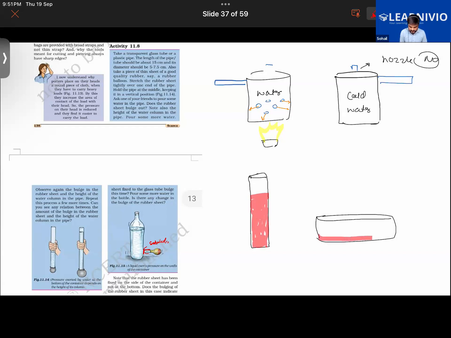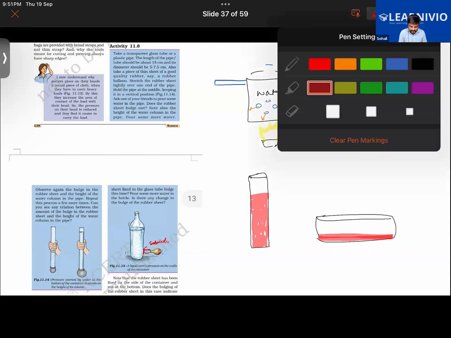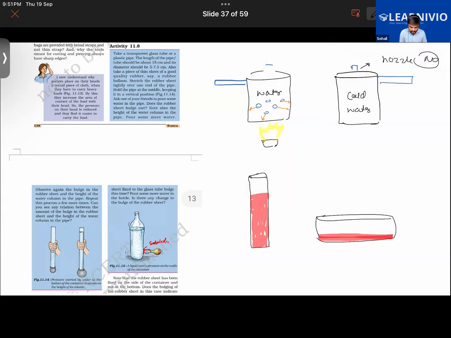In which one will the pressure generated at the bottom be more? The first one, yes. More pressure is generated because of the height, or we can say depth. The depth or the height of the water is more here, thereby the pressure generated at the bottom is more.